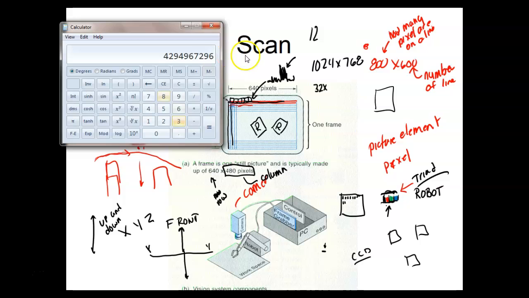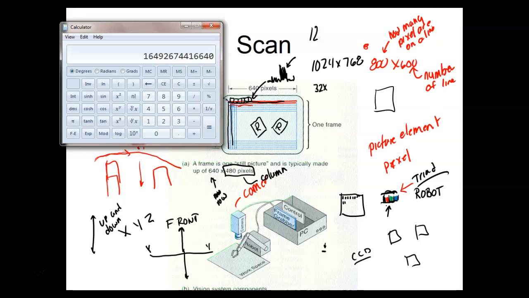So this is how many colors, and then you would multiply that times 640, and then you'll multiply that times 480. And that would be the number of pixels. And then you would divide that by 8, which is the number of bits in a byte. And that's how much memory it would take to do that if they didn't do compression.